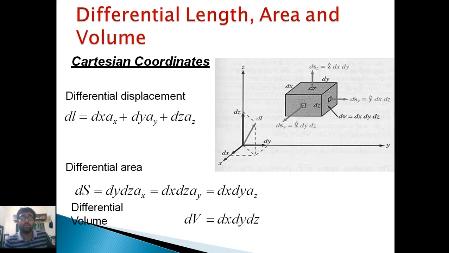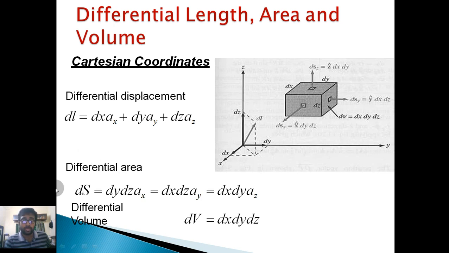Now we will describe the differential length, area and volume in the Cartesian coordinate system. As we have already described, we used to extract the value of differential area.